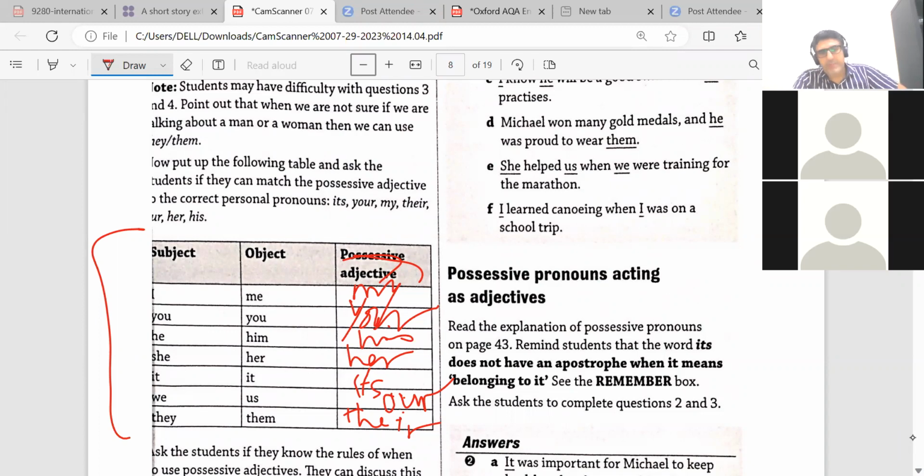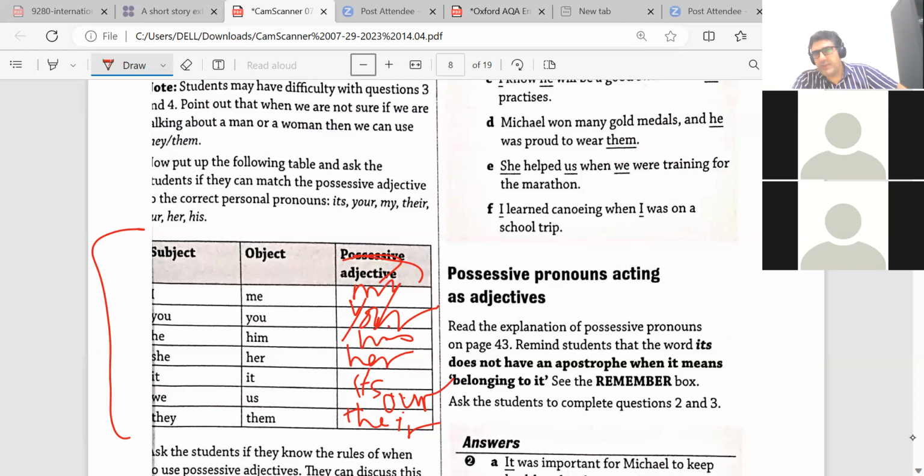So when I say my car, what does it mean? It means this car belongs to me. My book is lost. It means this book belongs to me. My car is new.